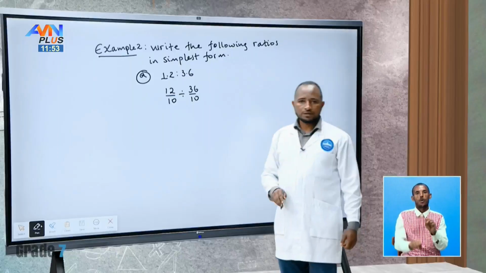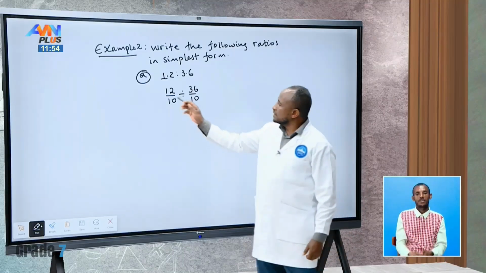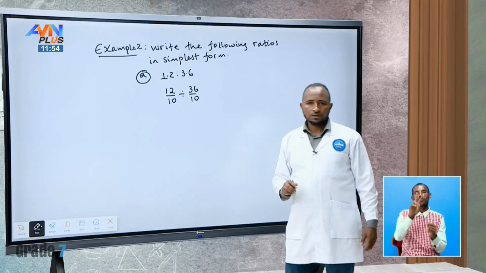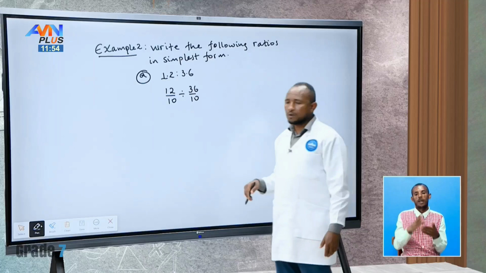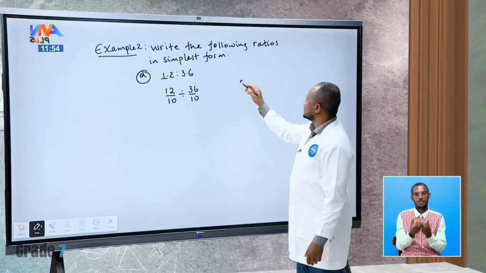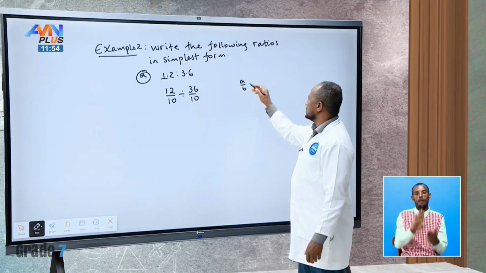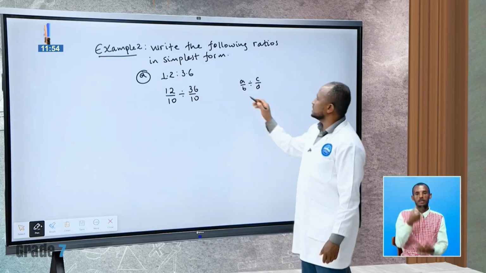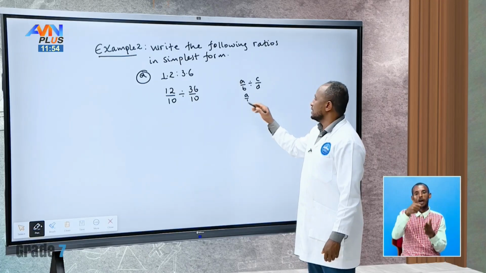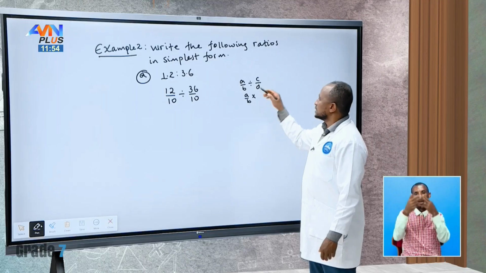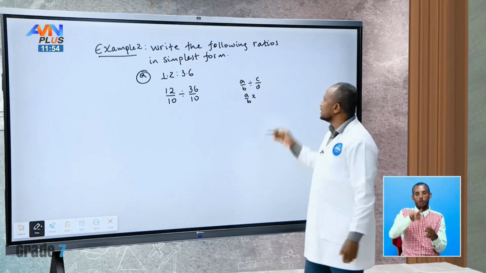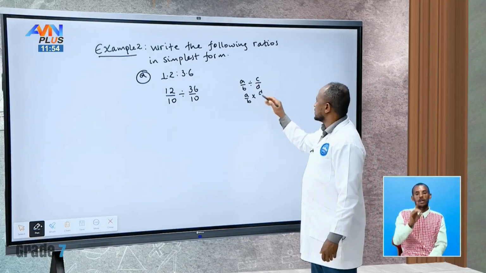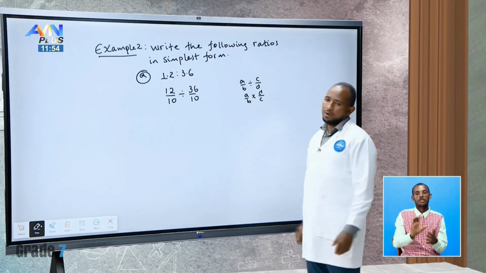So, next step, dividing. When you divide two fractions, as you have learned in your lower grade lesson, A over B divided by C over D means A over B times the reciprocal of the divisor, C over D. It becomes D over C, and then you multiply.